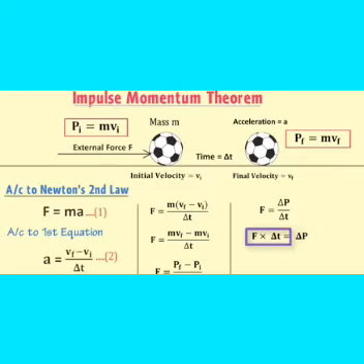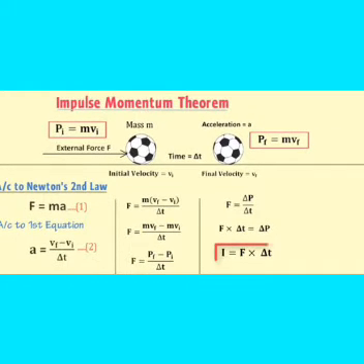The product of force and time in physics is known as an impulse. Impulse I is equal to F into t. The SI unit of impulse is Newton second. Remember that impulse is equal to change in momentum, or impulse changes the momentum of an object.